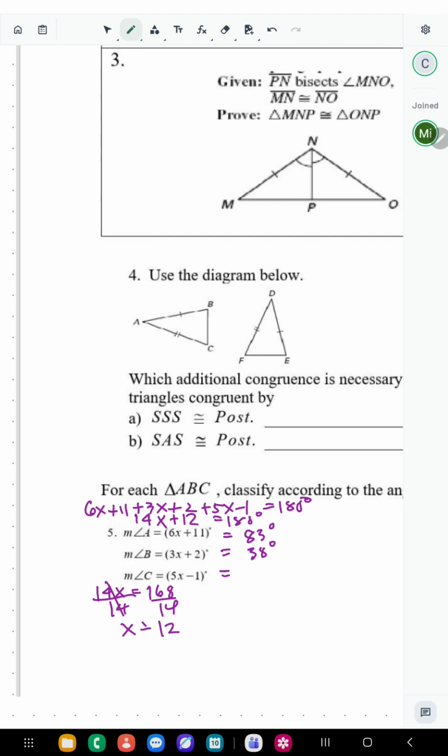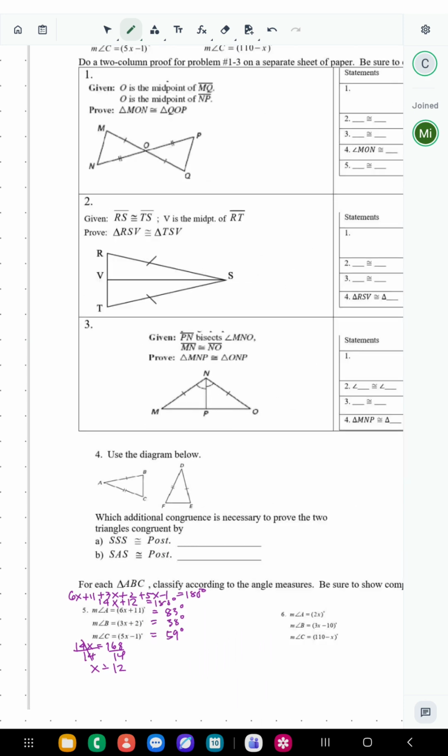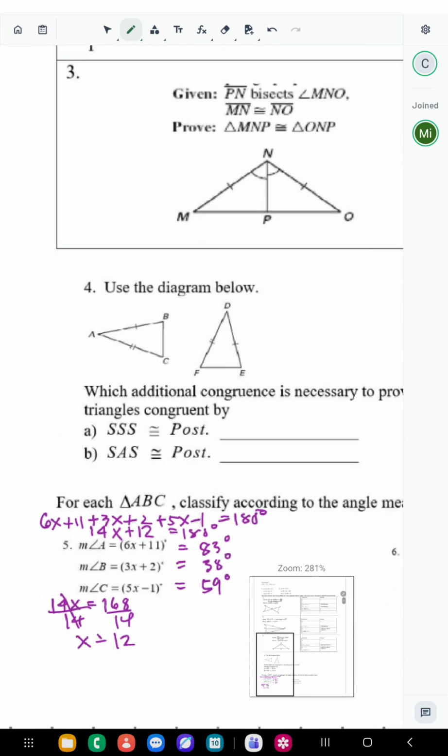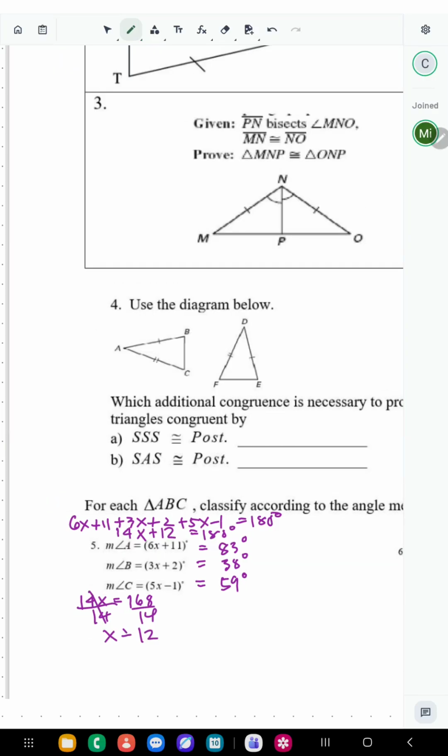Then 12 times 5 minus 1, so 59 degrees. It's asking, for each triangle ABC, to classify according to the angle measures. All of the angles here are less than 90 degrees, so the angles are acute.